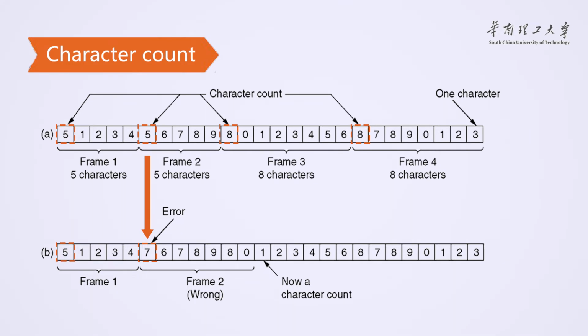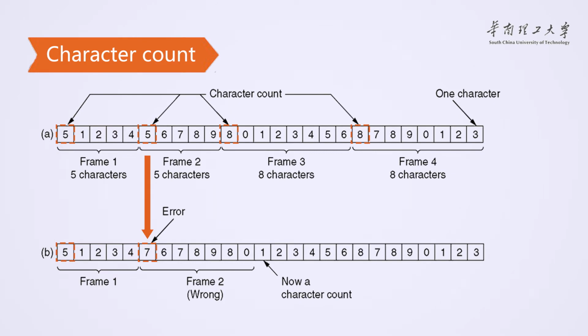In this example, we use the first character of the frame to indicate the length of the frame. But the problem of this method is, if we get a transmission error, if the first character is converted to other values, then all the following frames will be messed up.